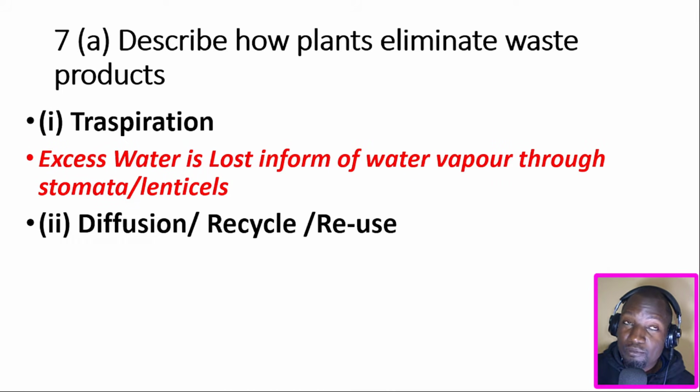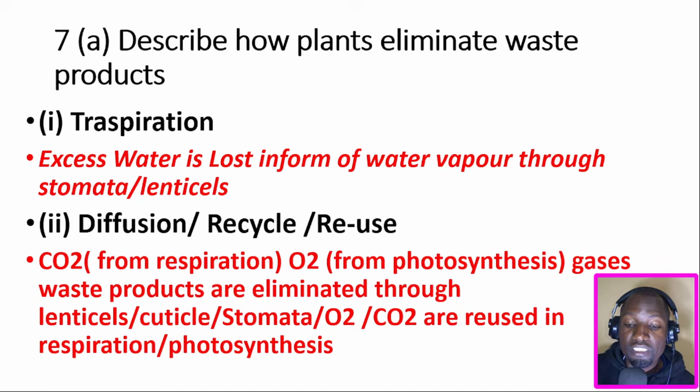Carbon dioxide, produced from respiration, and oxygen, produced from photosynthesis, as waste products, are eliminated through lenticels, the cuticle or the stomata. But the same gases, oxygen and carbon dioxide, are reused in respiration and photosynthesis respectively, so they are being reused at the same time.